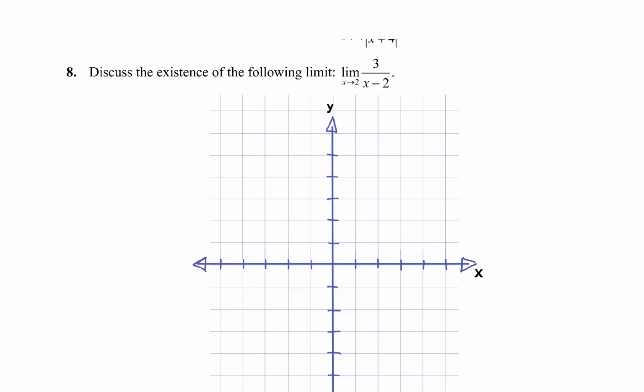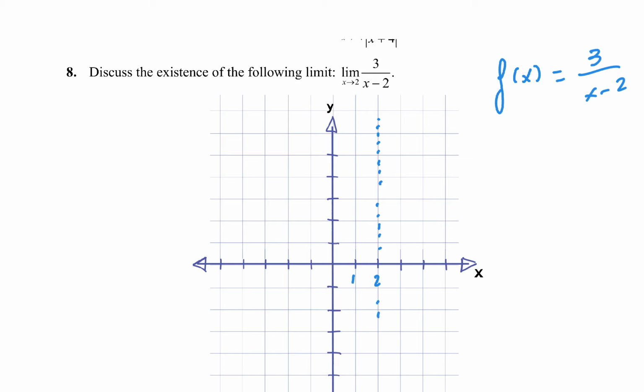If you have the function f of x equal 3 divided by x minus 2, it's clear that when x is 2, you cannot divide by 0, so the function is not even defined. The question here is: when you are approaching 2 from the right or from the left, are you approaching a fixed number?